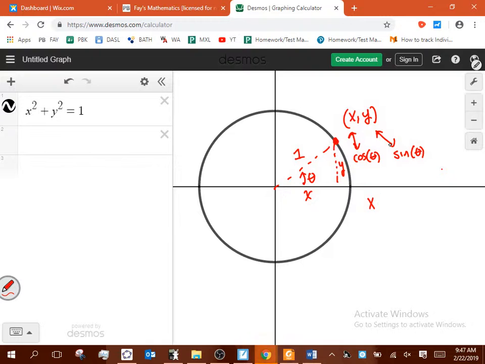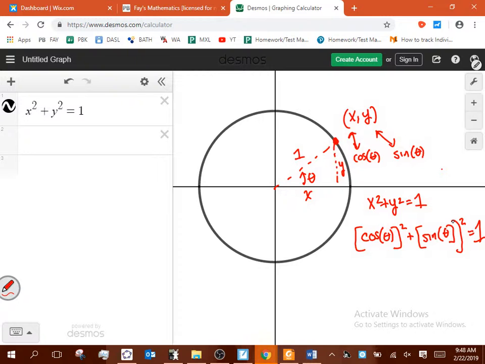So you just told me x squared plus y squared equals 1 was the equation of this circle. But if we know that x is the same thing as cosine theta, can I do this? x squared, so I'll put cosine theta in and square it, add to it y, but y is sine theta, put that in, square it, and I should get 1.